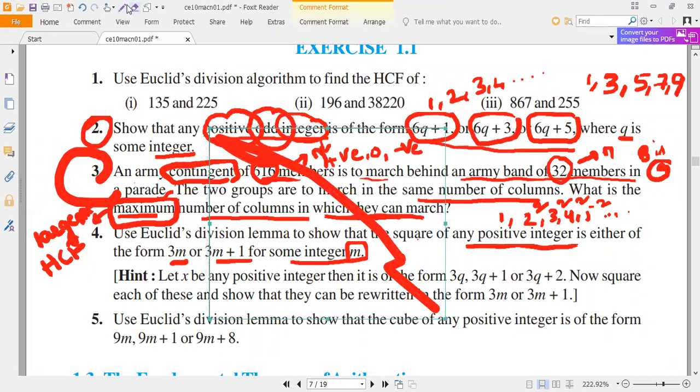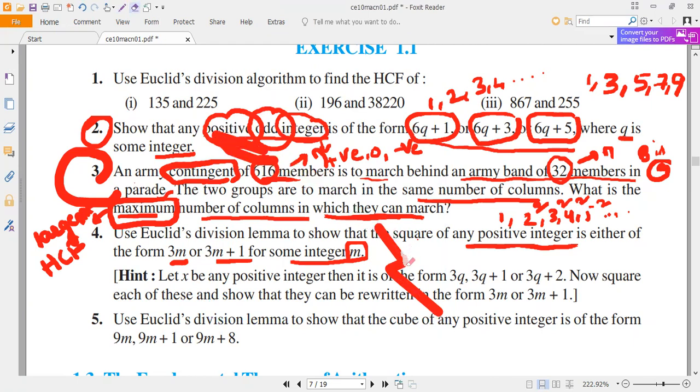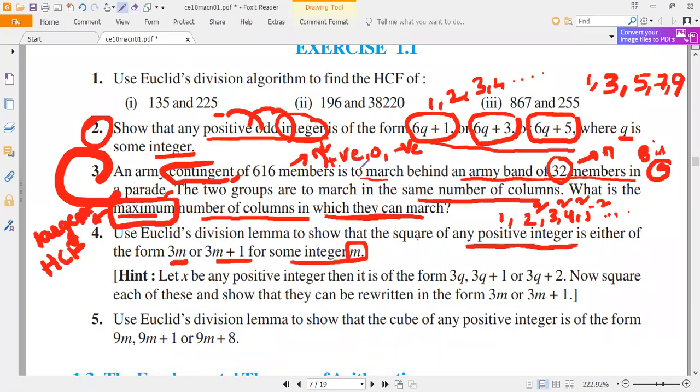Use Euclid's division lemma to show that cube of any positive integer is of the form 9m plus 1 or 9m plus 8. In this question, we have to show the cube of any positive integer. In the previous question, square of any positive integer.